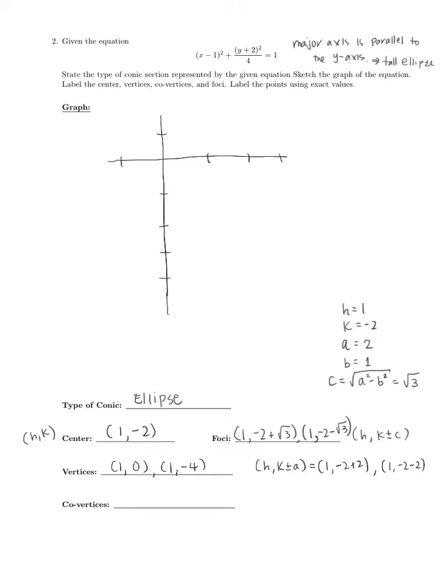Okay, so let me see. The center is 1 comma negative 2. So this is the center. And vertices are 1 comma 0. I'm just going to write it as V equals 1 comma 0, and also 1 comma negative 4.